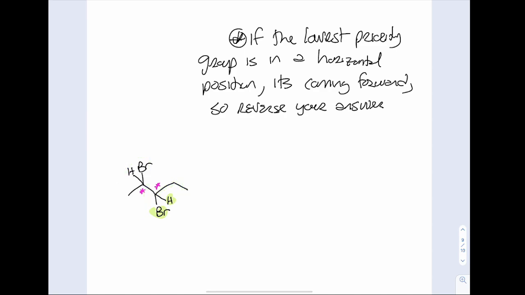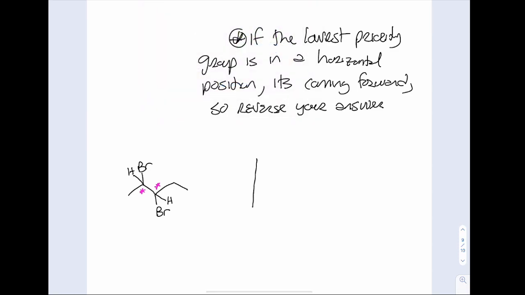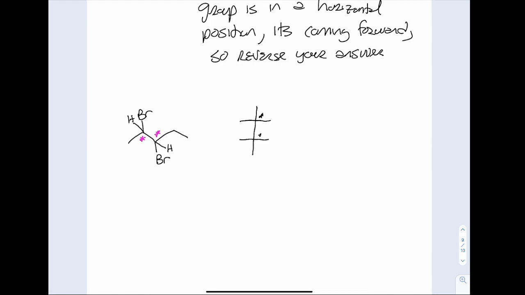So I'm going to have 2 chiral centers. So when I draw my Fischer for this, I'm going to have it like that, where each one of those is going to be one of those chiral centers. Before I actually put perspective on that, let me do one more.